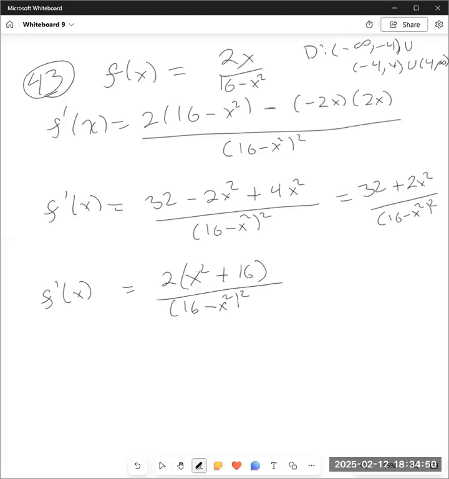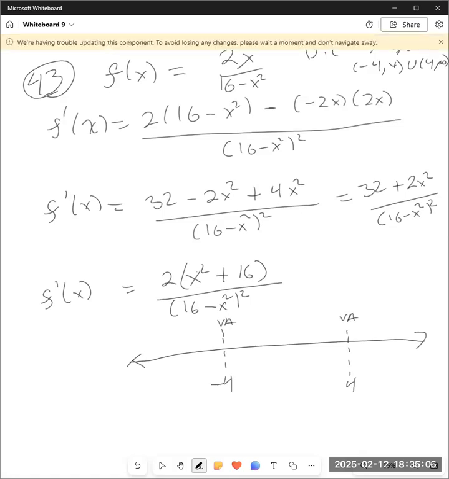They're not critical numbers, but they are vertical asymptotes that I'll need to consider to see if the function changes behavior at them. So I have -4 and 4, and I'll represent those with broken lines like a vertical asymptote, and put VA there just so that I know there's a vertical asymptote there.